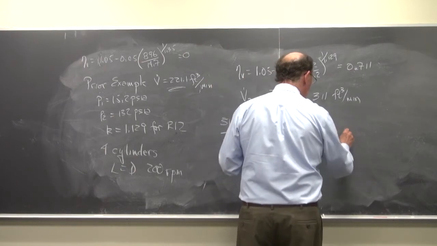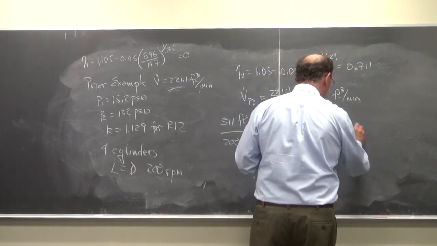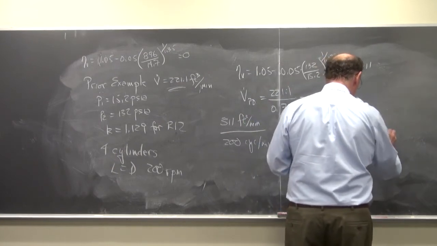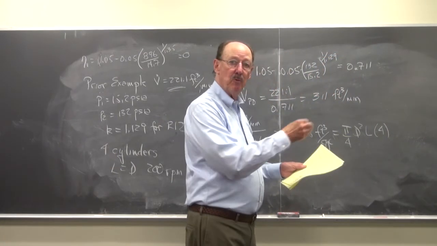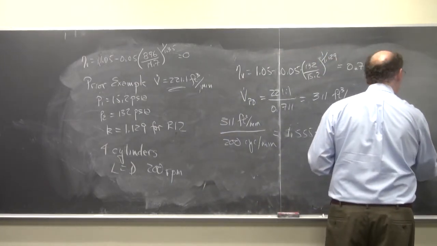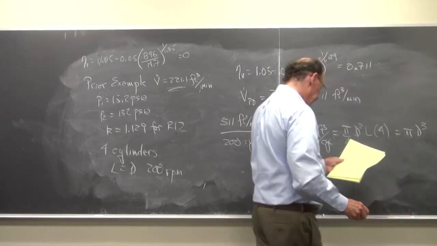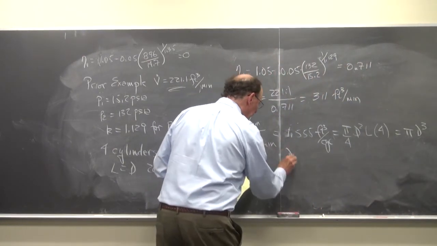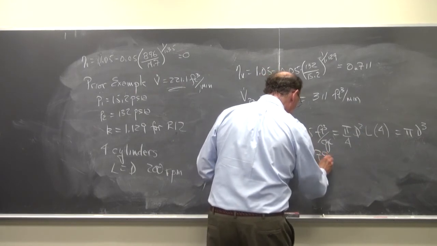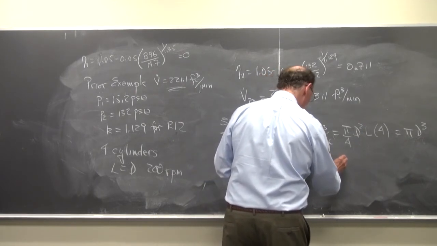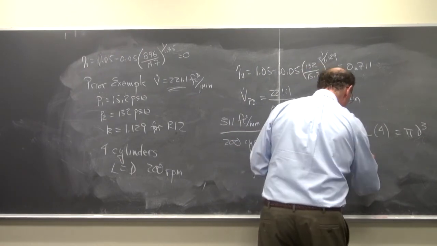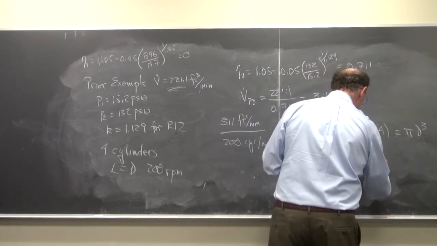And this is pi over 4 d squared L times 4 cylinders. So this is pi d cubed. So I can solve for d, and d is equal to 0.791 feet, which is equal to 9.5 inches.